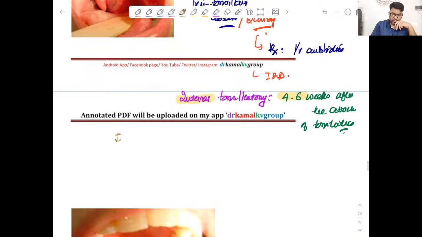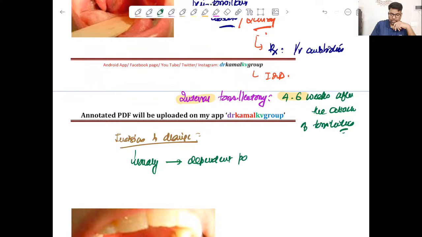So incision and drainage, usually in a dependent position, clear? And this will be gravity aided drainage.